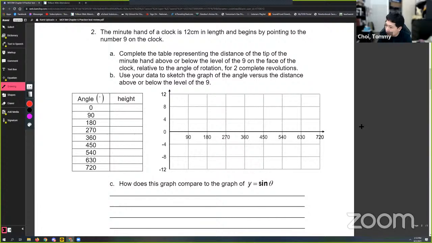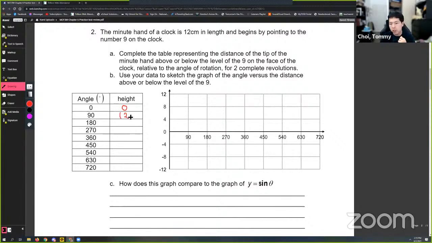So for us, when the minute hand hasn't moved, it's at the 9 o'clock number, right? Then the height should be 0, right? So if we go 90 degrees from 9 o'clock, which is 12 o'clock, what's the length of the minute hand up top? 12 is correct, yes.